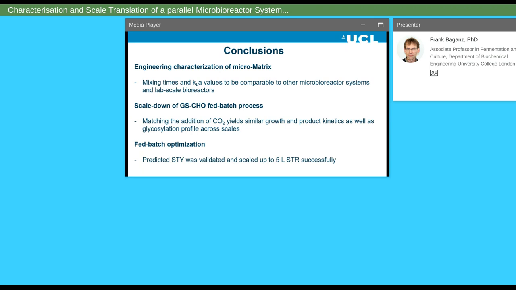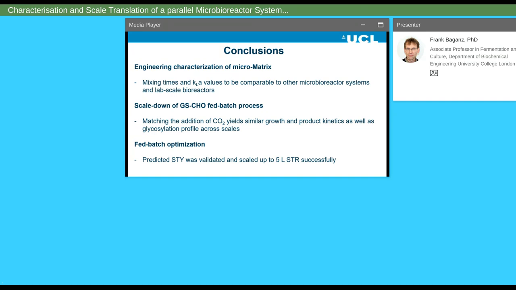The high throughput of the micromatrix was then leveraged to optimize the bolus feeding strategy within the framework of a circumscribed central composite design. A scale-up of the optimized feeding regime demonstrated nearly identical growth and production kinetics between the micromatrix and the benchtop scale reactor and resulted in a 20% increase of the space-time yield compared to the original feeding regime.